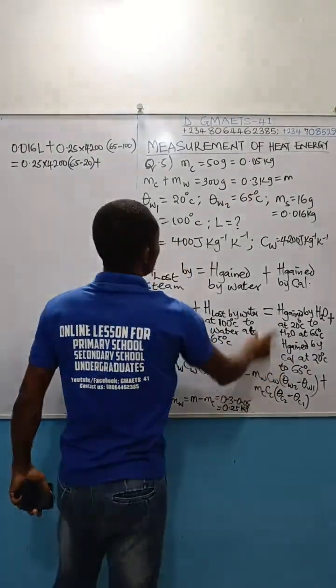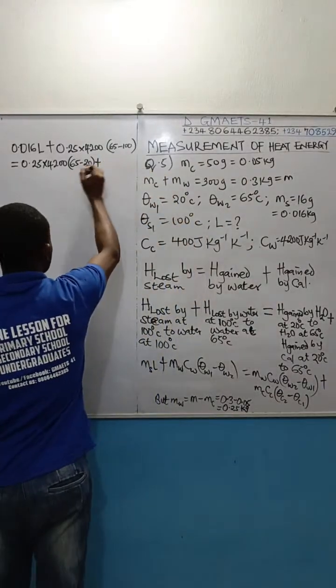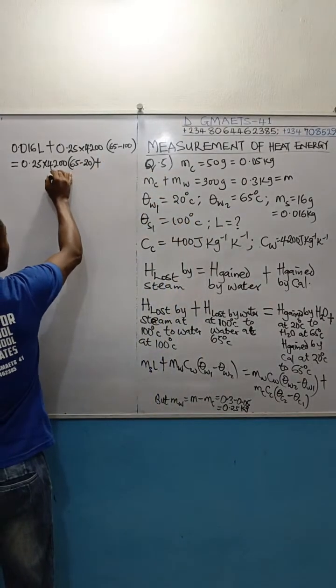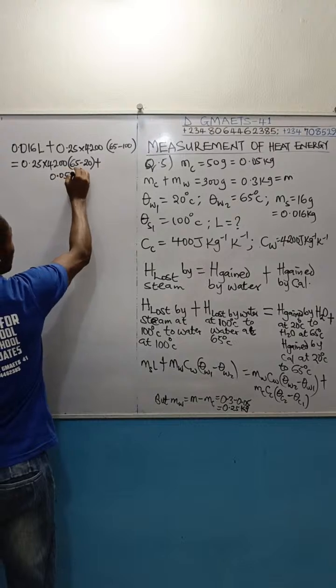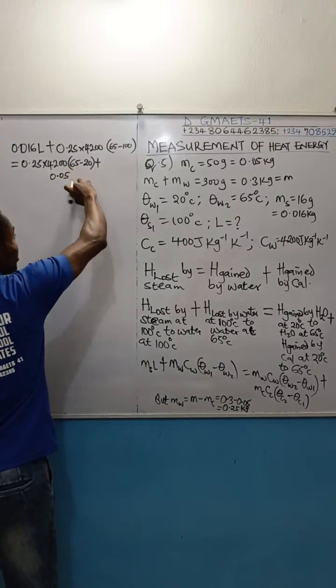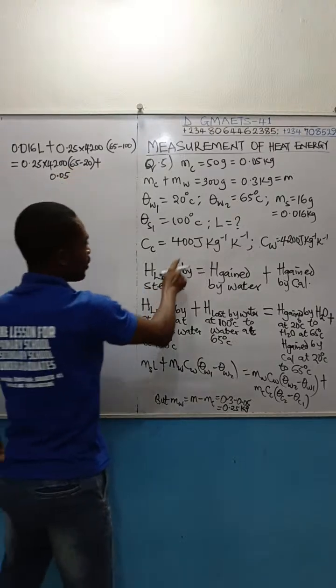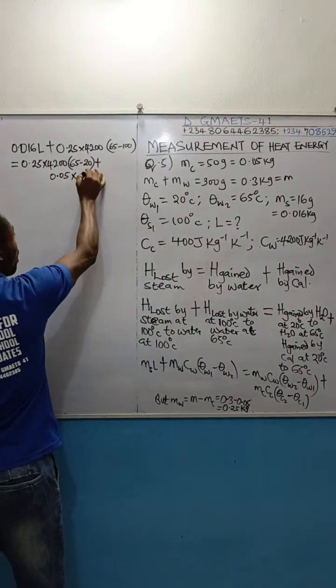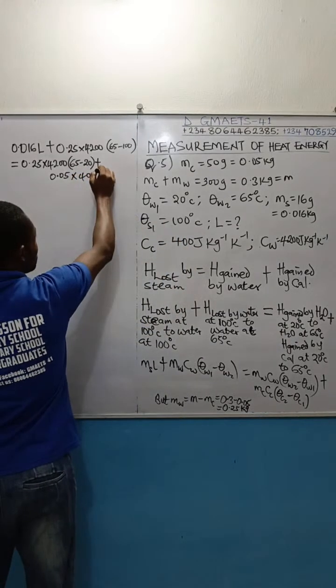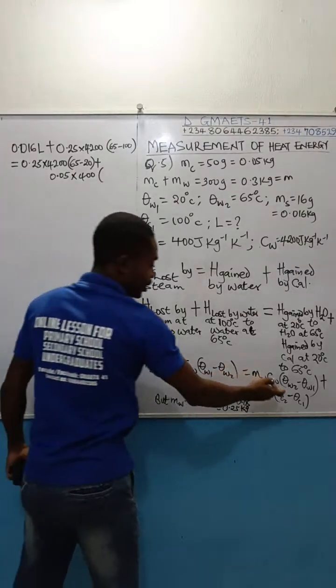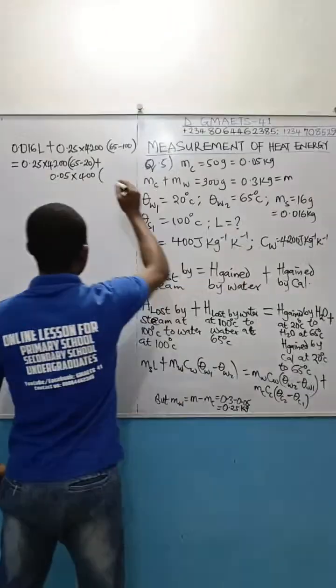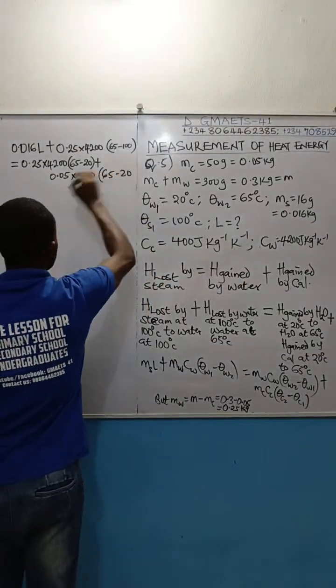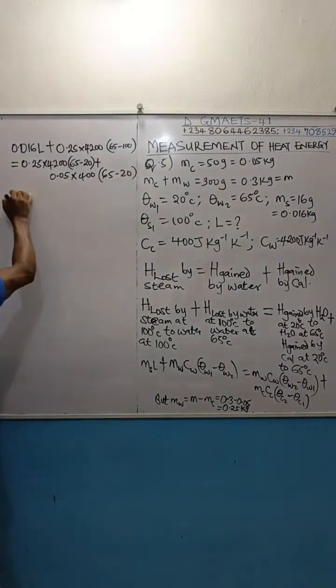Mass of the calorimeter is given to be 0.05. Then specific heat capacity of calorimeter is given to be 400, times temperature change, again from 20 to 65, so 65 minus 20. I've done the substitution, we can now solve.